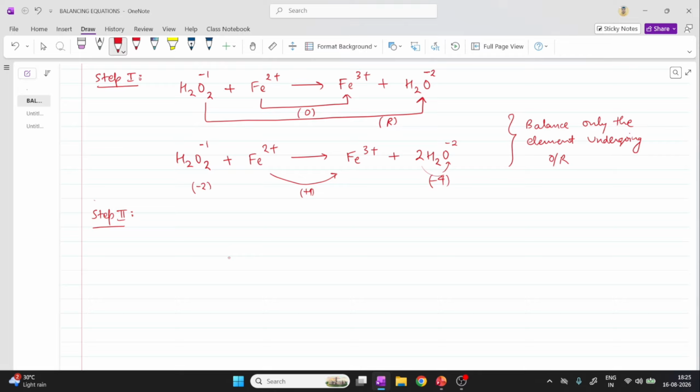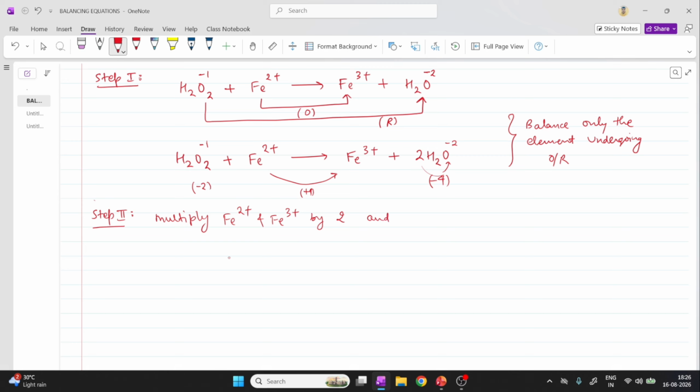Step 2 is to multiply Fe2+ and Fe3+ by 2.